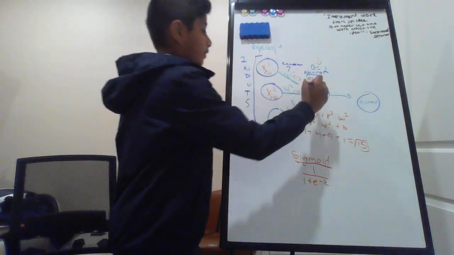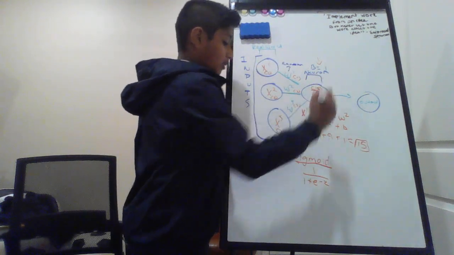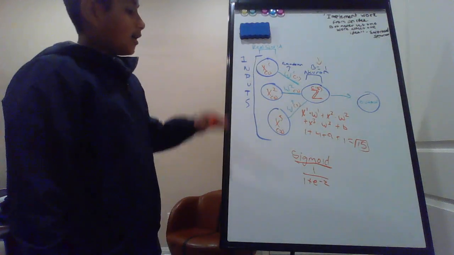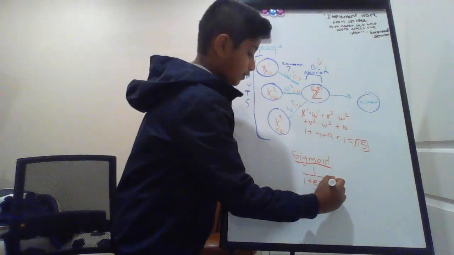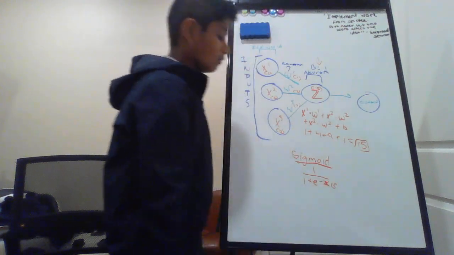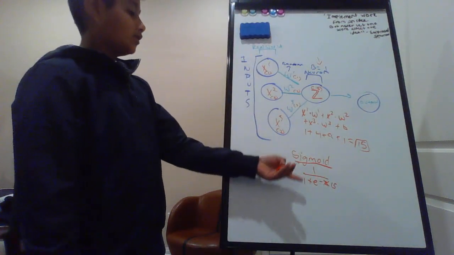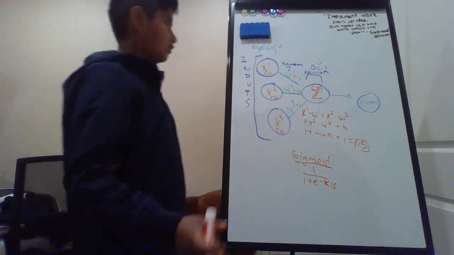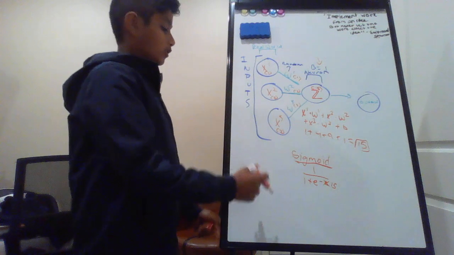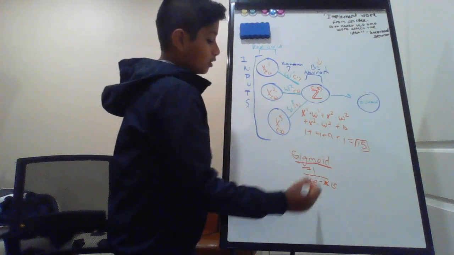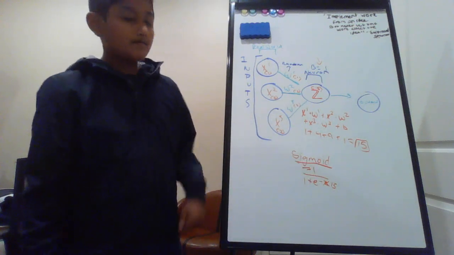By the way, this is 15 right here, which we just talked about. So we just want to plug 15 in there. Then e to the 15th, that's like 2.2 something. And then 1 over 1 plus that, so obviously it can't be any greater than 1.